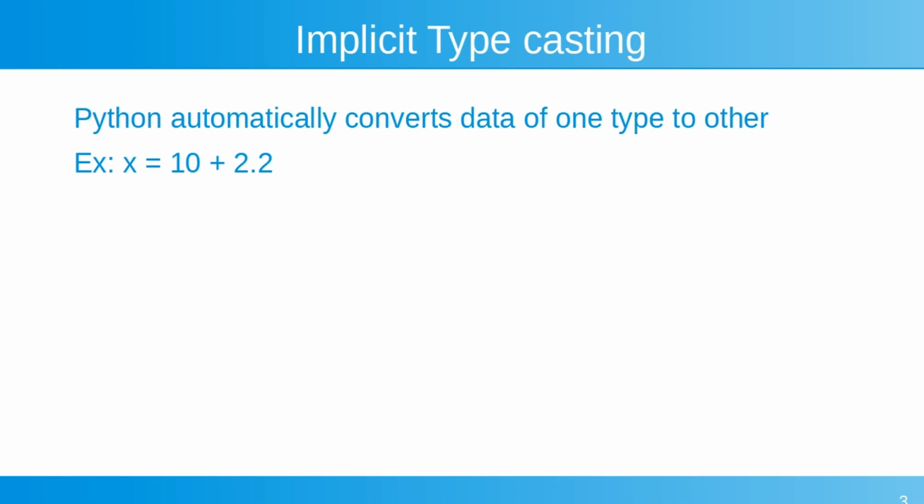For example, here we are adding values of two different data types, right? So here 10 is integer and 2.2 is float. So these two values are added and the final output is going to be float. Okay. So this conversion is automatically taken care of by the Python interpreter.